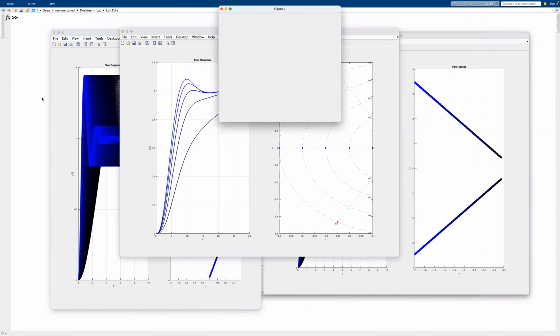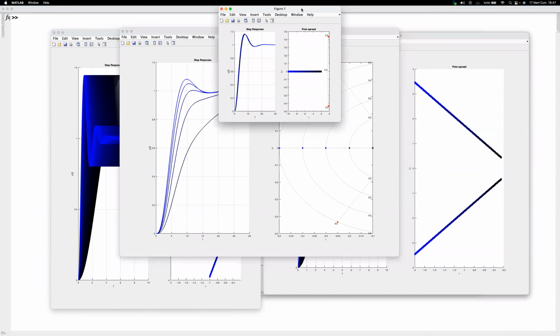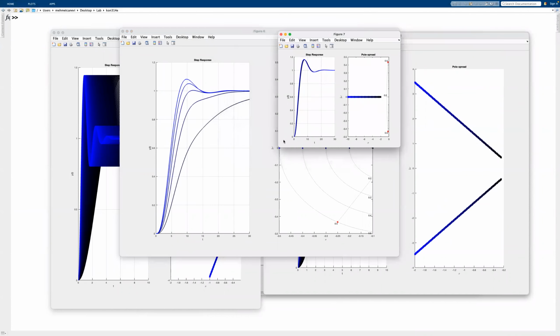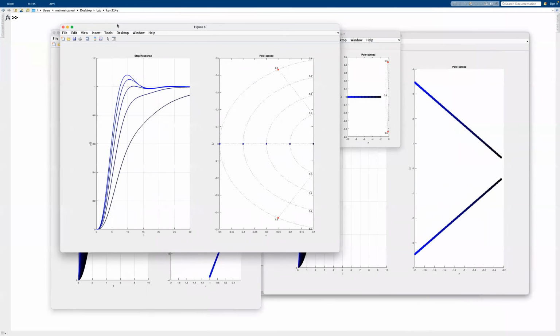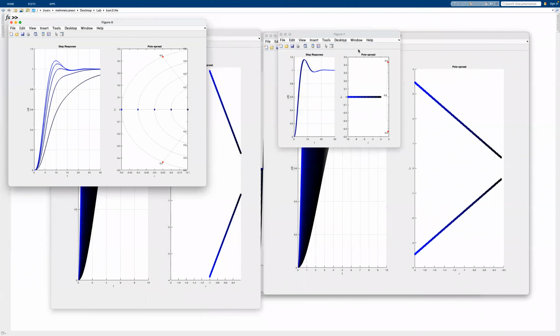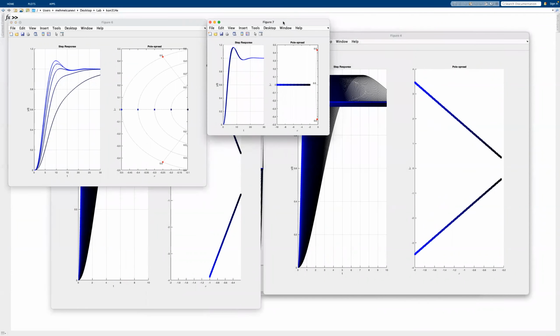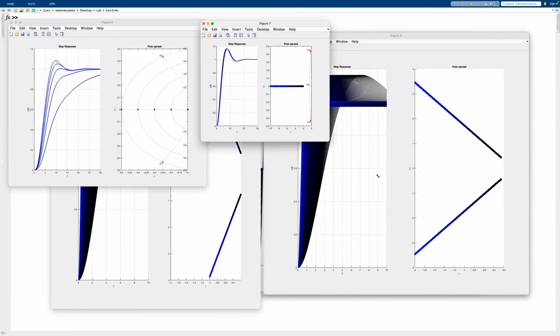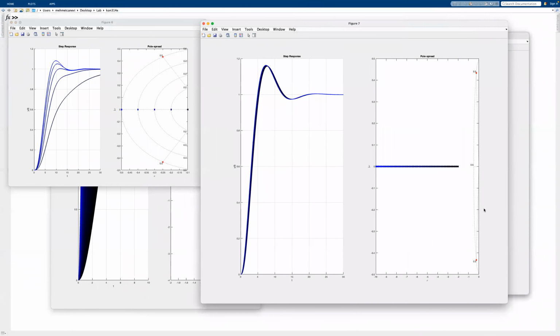Let's run that. Here, the behavior is a bit different. Now, when we look at this one here, we are in the vicinity of our zeta omega n pair, or our dominant pole pair, which we will call it. And here we are out of that region, and we are far away on the left.